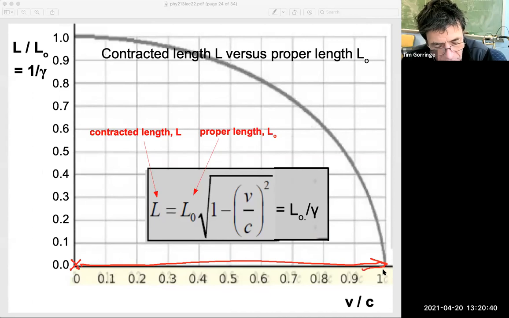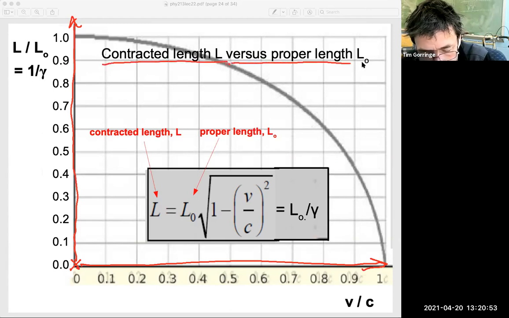So this is extremely fast. And then vertically, on the vertical axis, that's the ratio of the contracted length to the proper length.